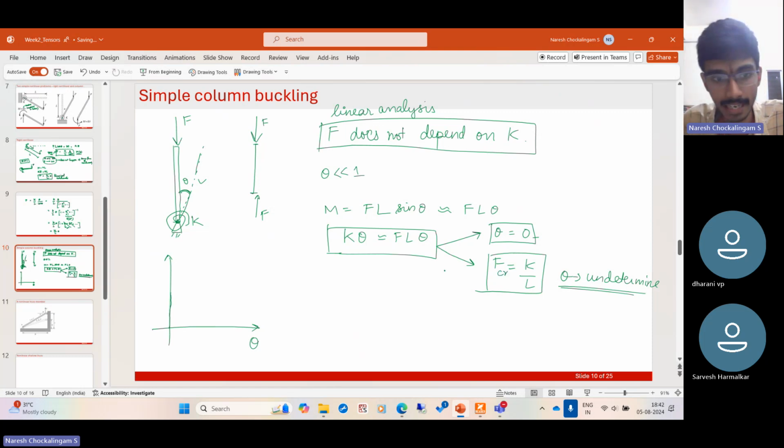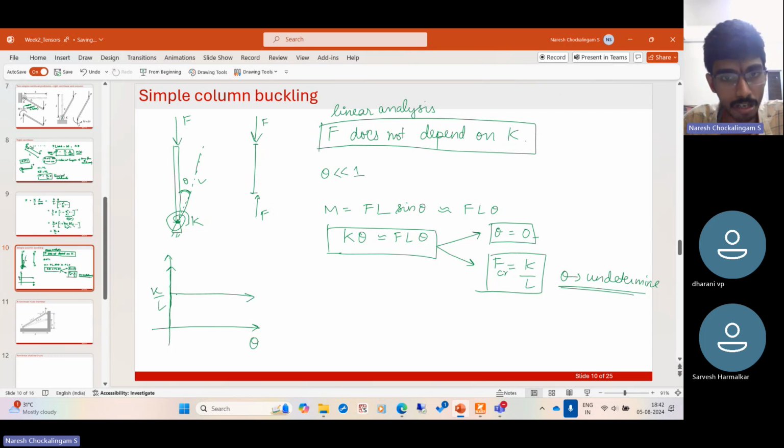As long as F is less than that value, theta remains 0. But once F exceeds it, the column remaining straight is unlikely because it is in unstable equilibrium beyond a point.